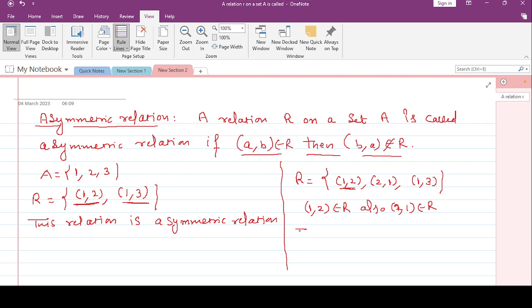That is why this relation is not an asymmetric relation.